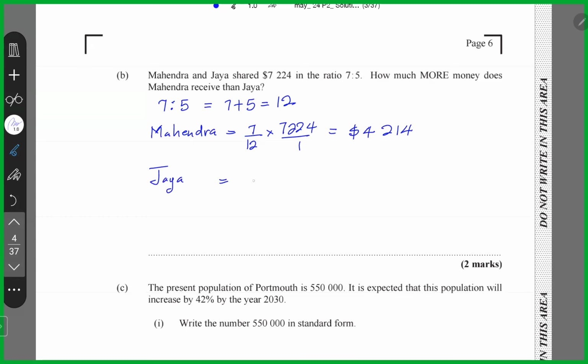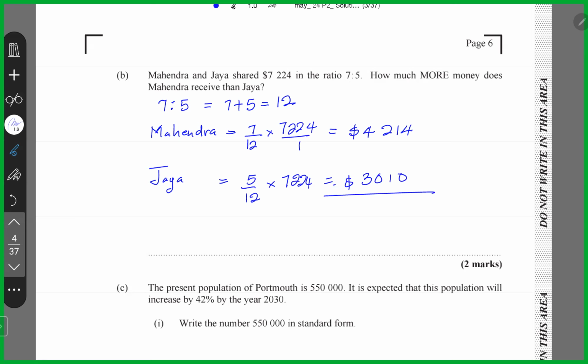Now Jaya, she got 5 out of the 12 parts of the money. And so she got 5/12 of $7,224. She got 3,110. So now, how much more did Mahendra get?